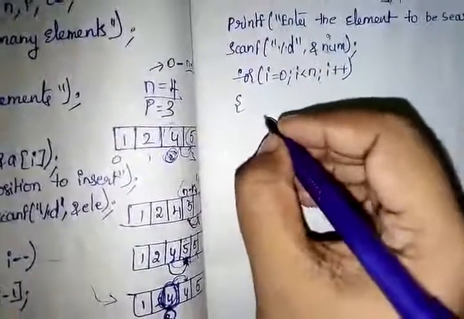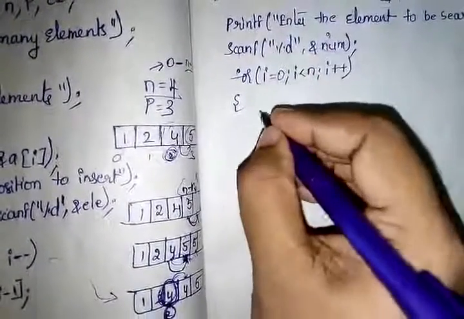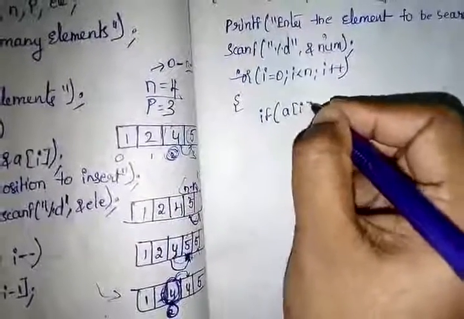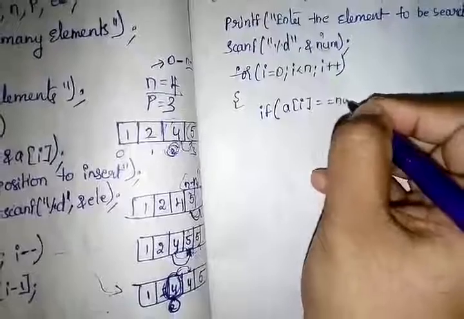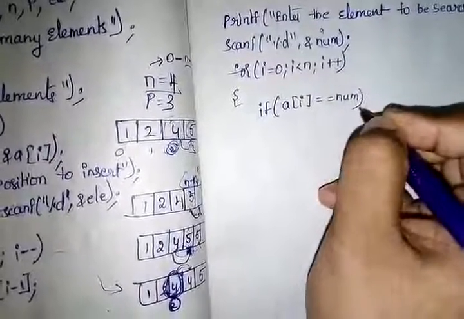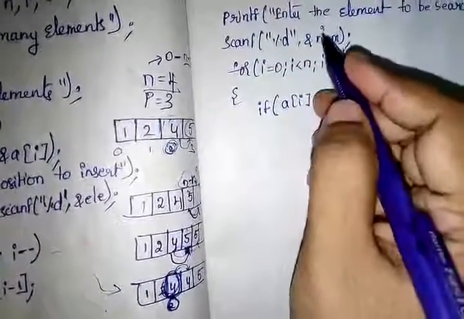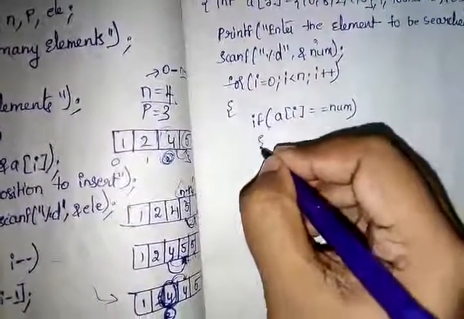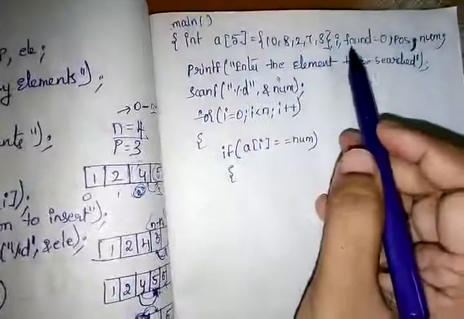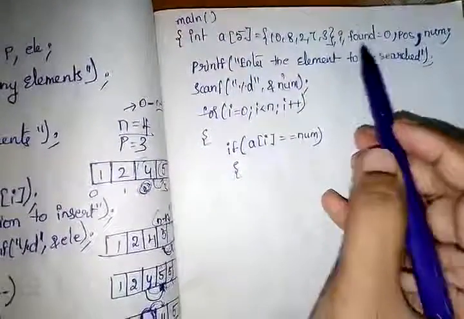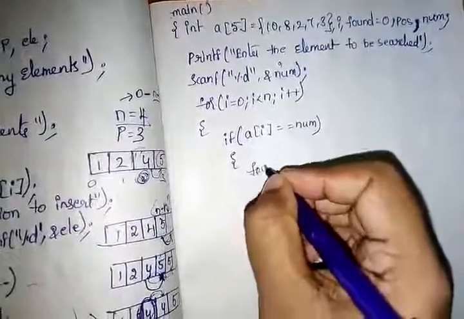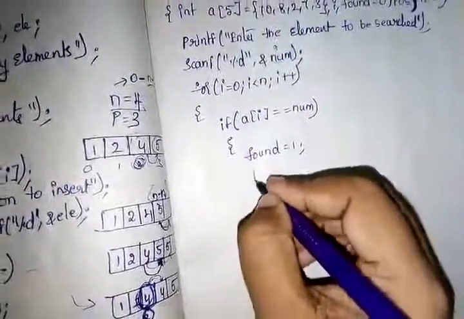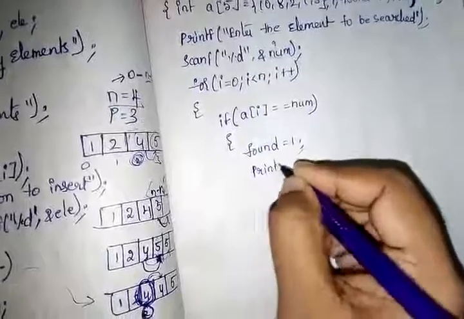In order to compare, I'm using an if condition: if a of i equal to num. If the element is found in the array, then as we have said, we need to make this variable 1. So found is equal to 1, and then printf.